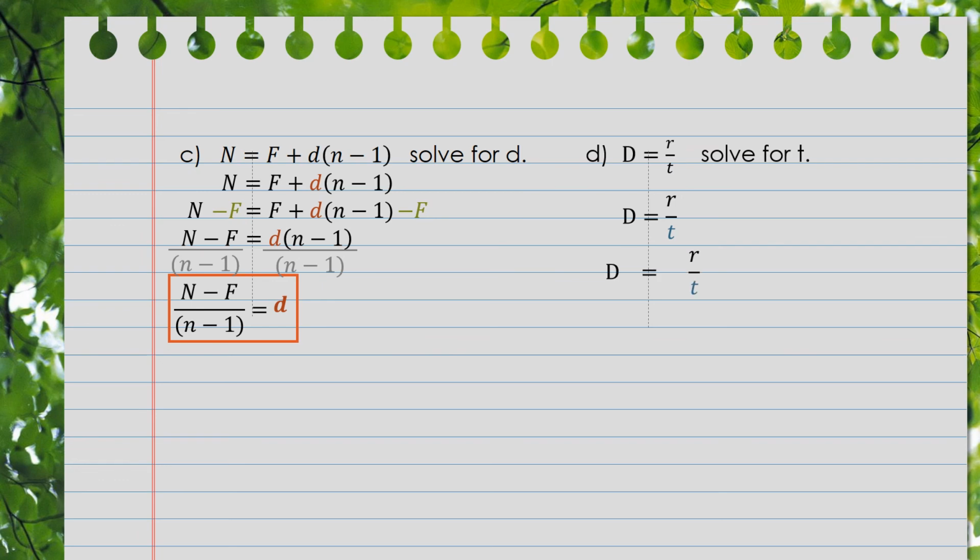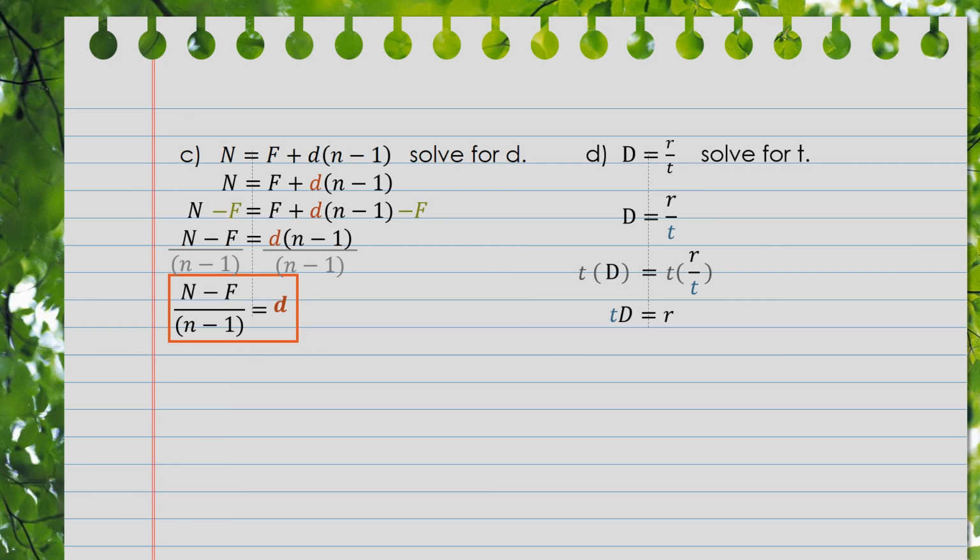So what we do is we are going to multiply the right side by T as long as we multiply the left side by T. All because R was being divided by T, we did the opposite operation by multiplying by T. And since we were fair to both sides, we now have TD equals R.